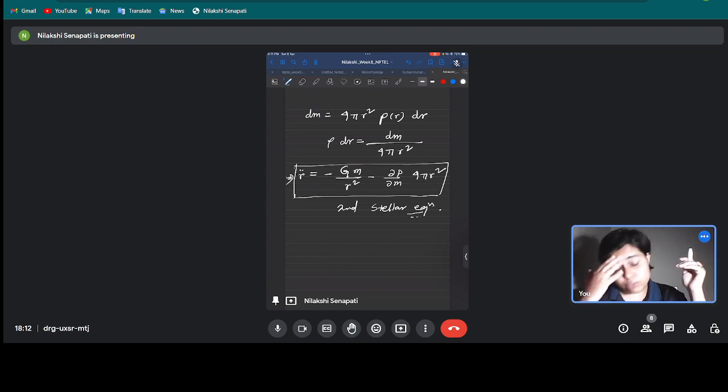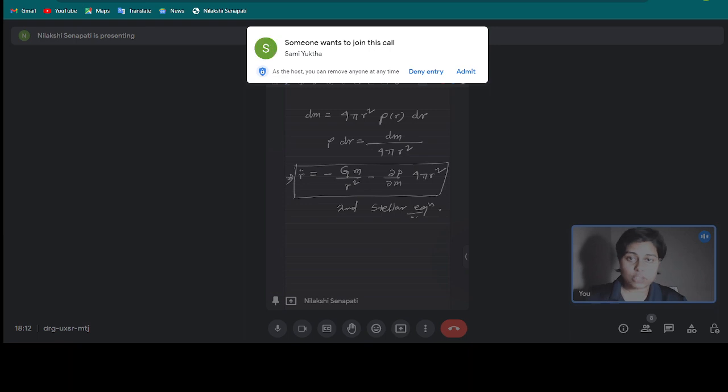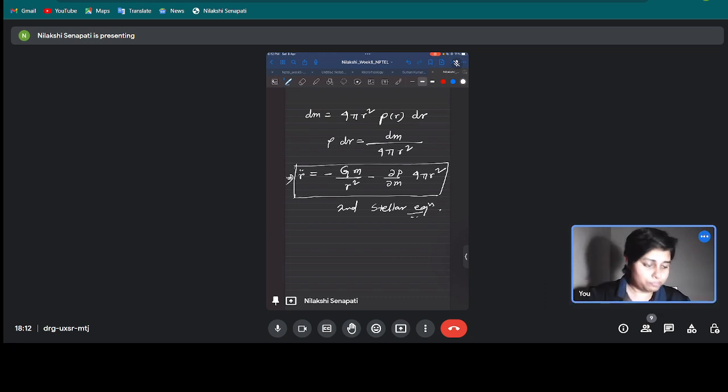From these we can also understand what makes a star or any celestial object stable, because there is some gravitational pull and pressure difference and they are balancing with each other in a stable equilibrium condition, and only then can a star form. So the first stellar equation and the second stellar equation are the equations in terms of which we can represent a star, and if they follow this kind of equation, then only a star can form.